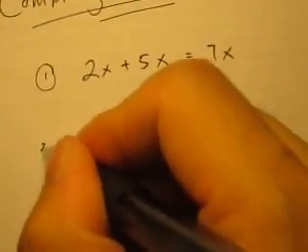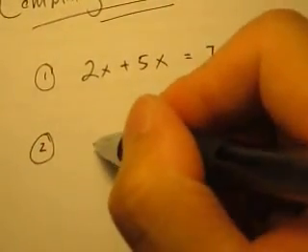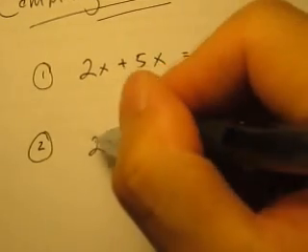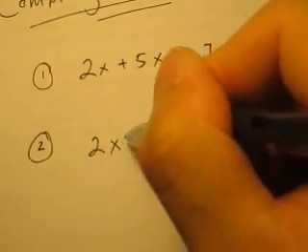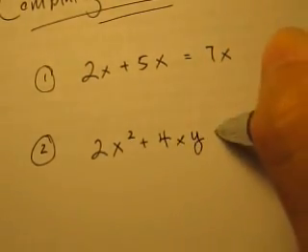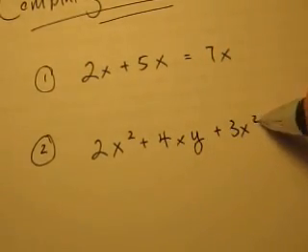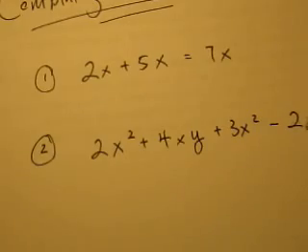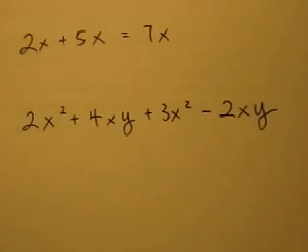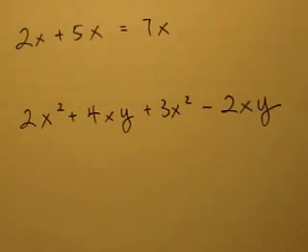Now let's get a little more complex. If I have 2x squared plus 4xy plus 3x squared minus 2xy, what would the answer be?